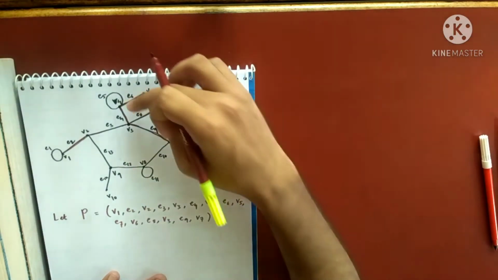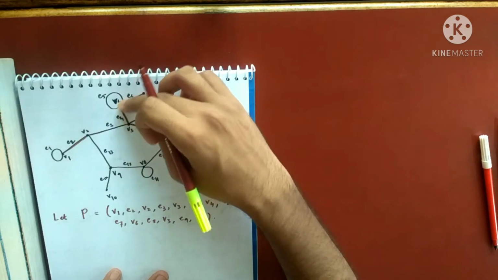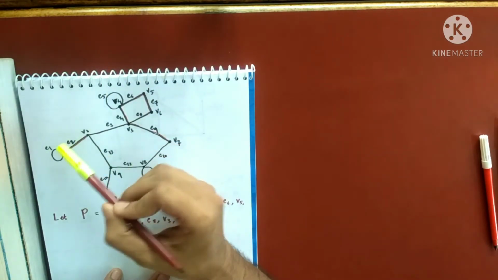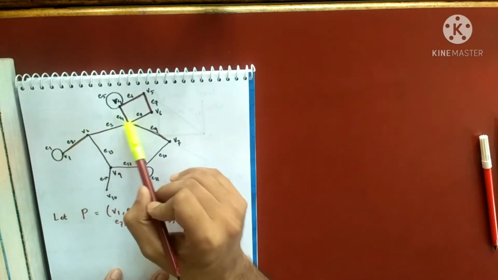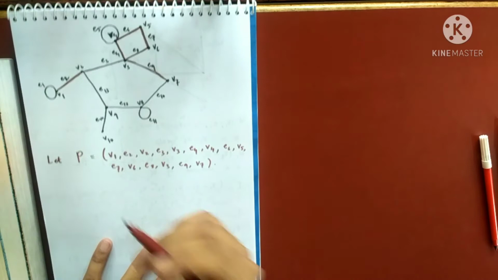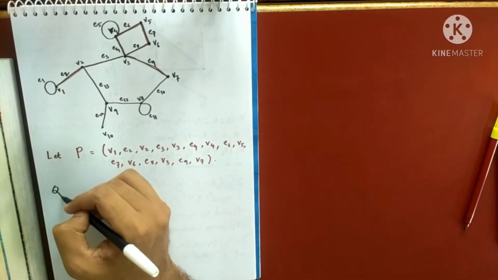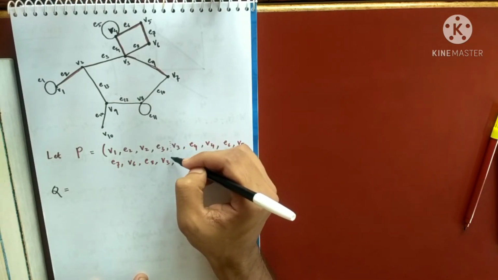You see, if I remove this cycle, this closed subwalk, from here, and go directly like this, it becomes a path. That is my logic. Call it Q, choosing Q from here up to here.